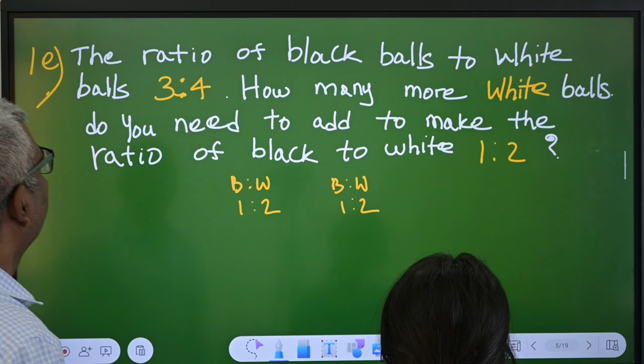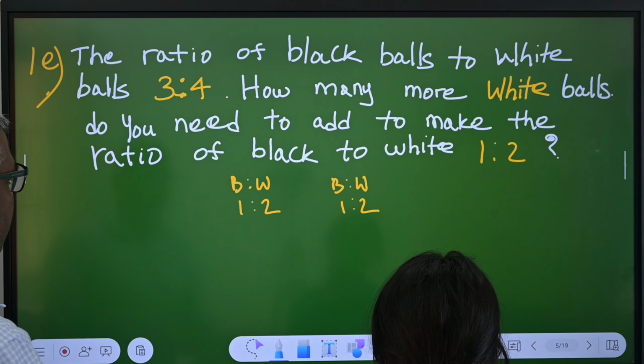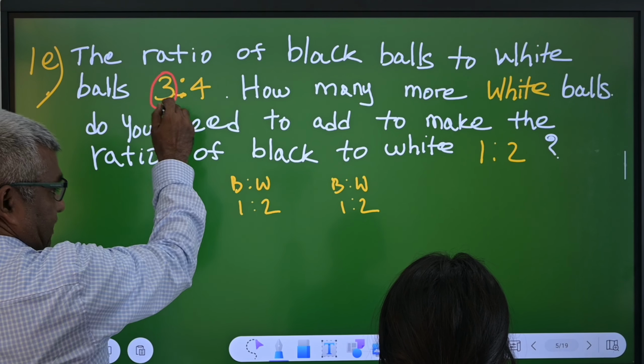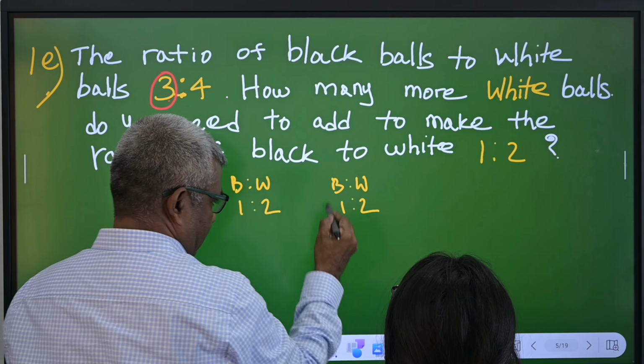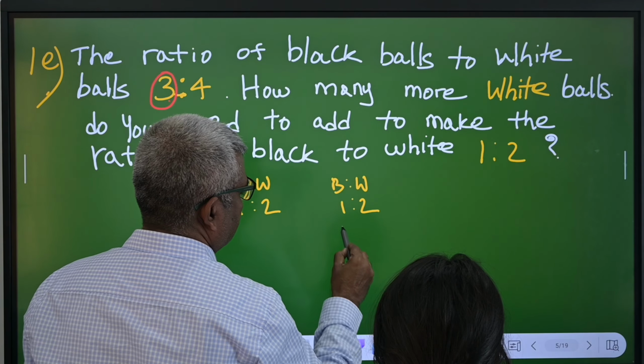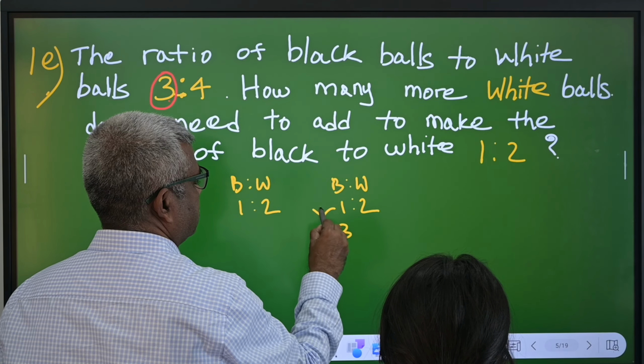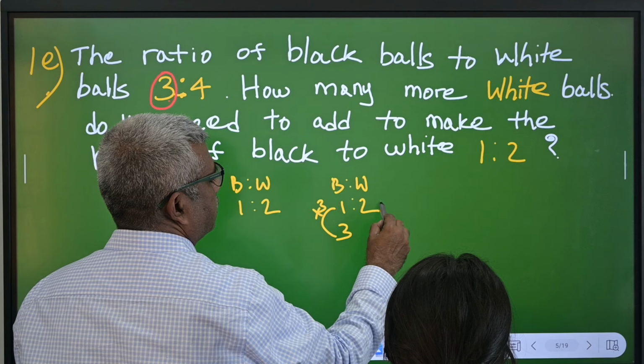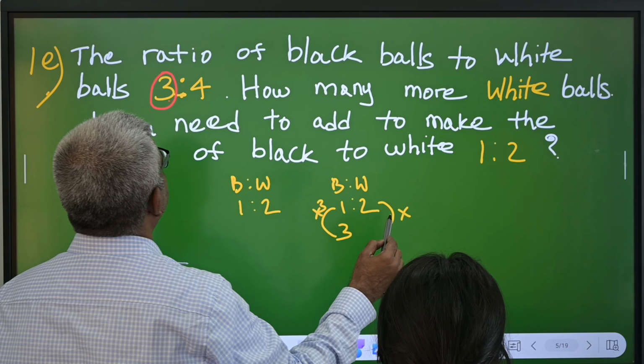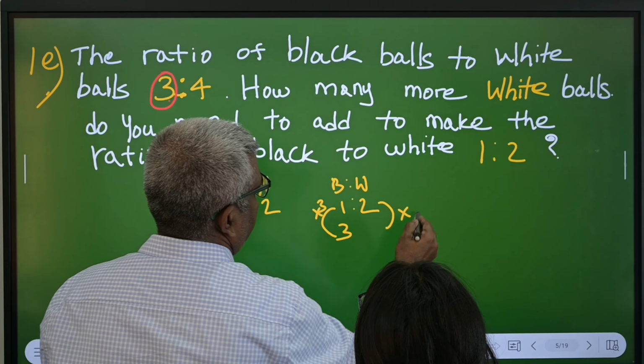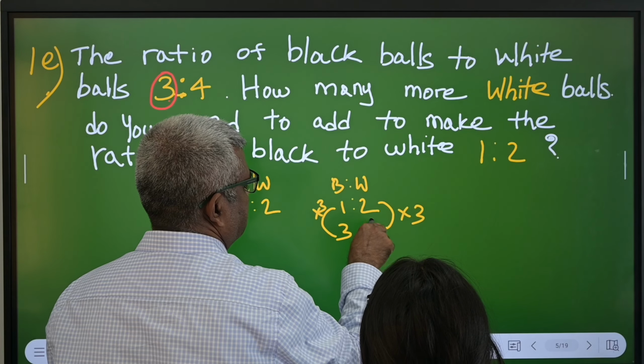Here what to do? White balls are added. So this ratio is not disturbed. Keep as it is. So what should come? 6.